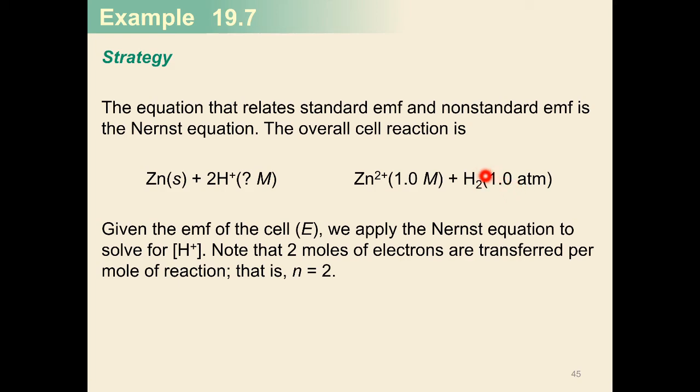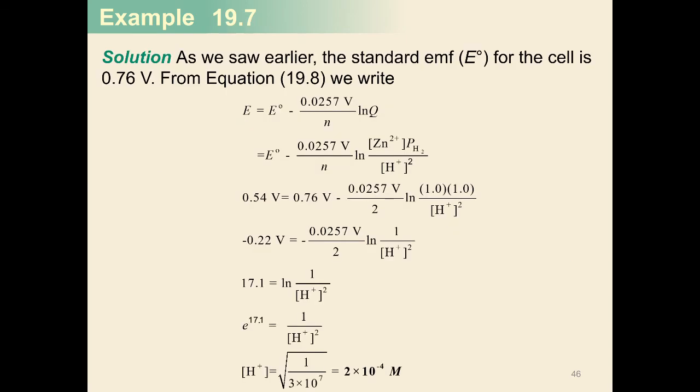So input the pressure in atm, the concentration in molar. Zinc as a solid is not counted. So for the reactant side, this must only be hydrogen, and hydrogen has a coefficient of 2. That is why it has an exponent of 2. If zinc has a coefficient of 3, for example, it would have an exponent of 3. The same goes for hydrogen. If this hydrogen gas has a coefficient of, say, 5, then P is raised to 5. So basically, here, since their coefficients are 1, we have zinc 2 plus and then hydrogen.